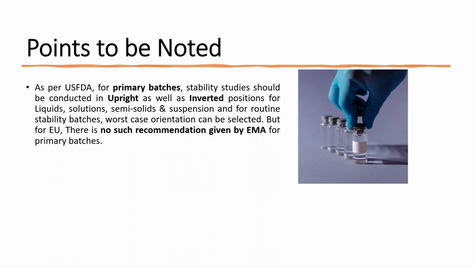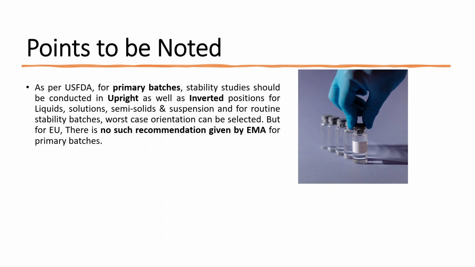In general, the inverted position is considered the worst case because in this case your drug product is in contact with the cap, whereas in the upright condition it is not in contact with the cap, but it is not constant. It depends upon the formulation you have. So for the primary batches, you have to submit stability data for both orientations in case of US. But for the routine studies, only the worst case orientation is enough.